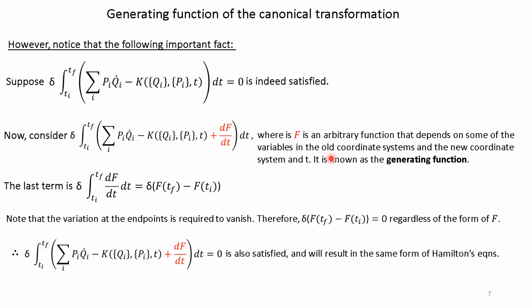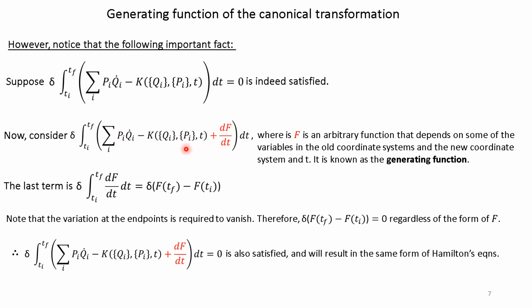It helps us to generate the transformation, as we'll see. Now, I know that this is satisfied, so this is my requirement. If I consider the variation of this thing, I can do it term by term: the variation of this first whole thing, plus the variation of this second new term.